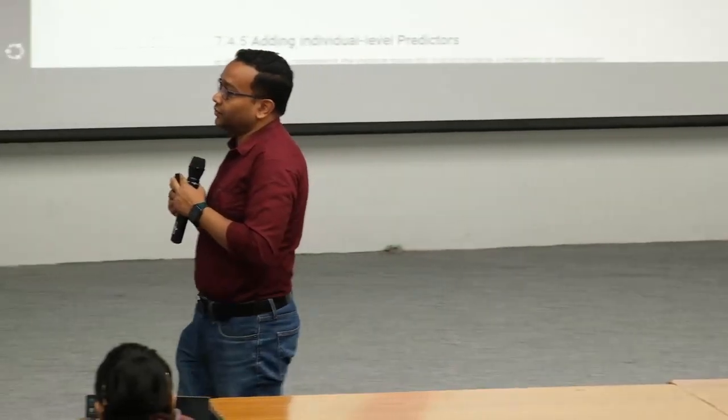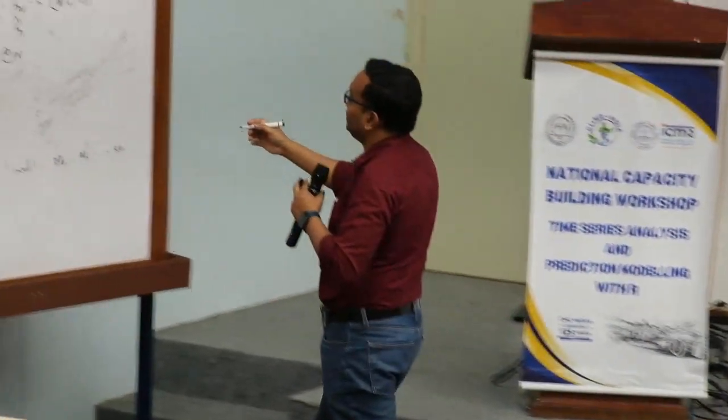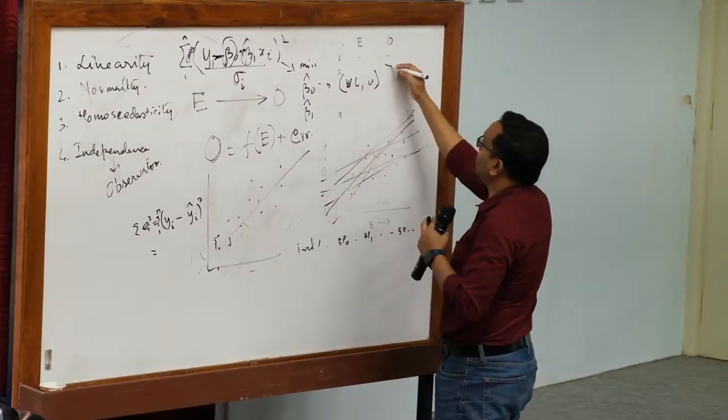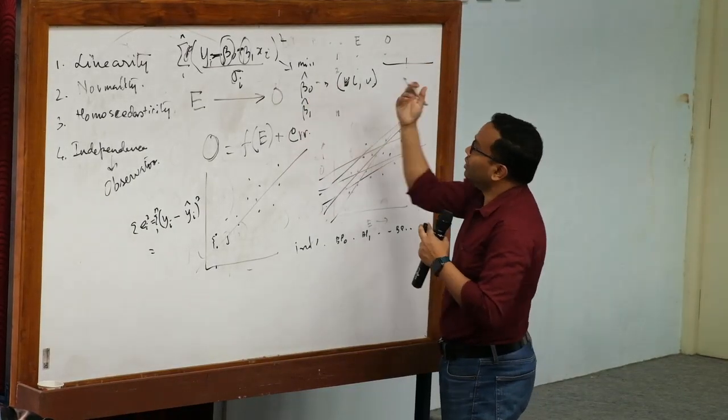So what would happen in that case? You are overestimating your precision, right? So in that case, you might get significant results when they are not really significant. So when do you get a statistically significant result? Let's say the hypothesis was beta naught equals 0.